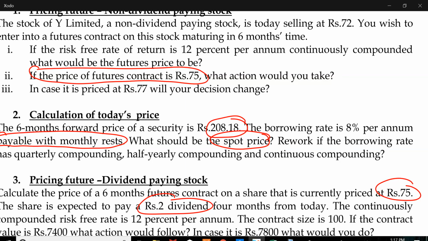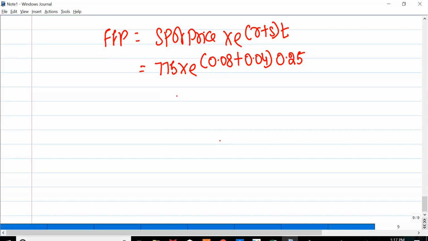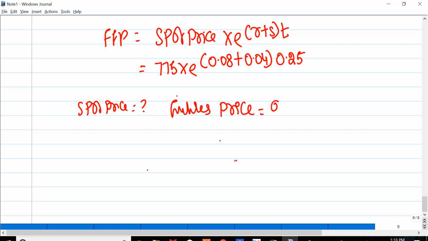Now write: spot price equal to question mark. Futures price equal to 208.18.